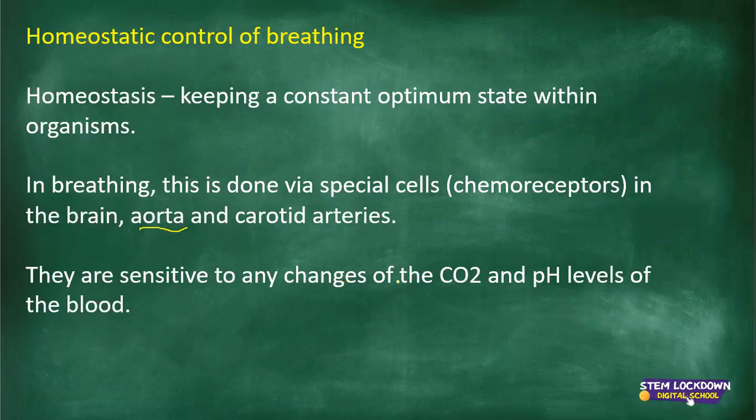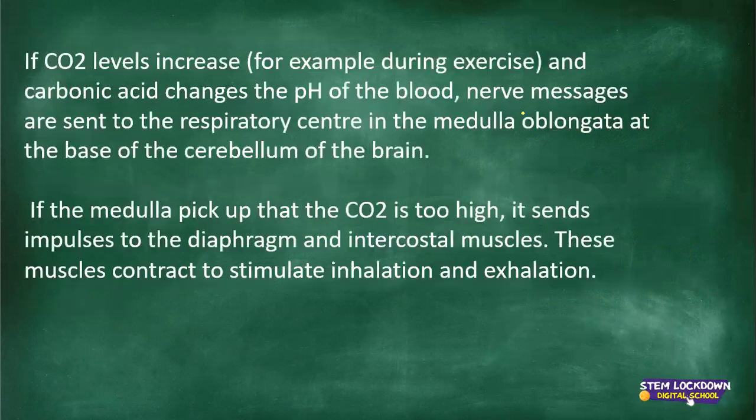These are sensitive to any changes of the carbon dioxide and pH levels of the blood. If there's any change in carbon dioxide, which ultimately changes the pH level, it will pick that up and react accordingly. If there's too low a concentration, it will react. If there's too high a concentration, it will react. The whole point is to keep the body at a constant optimum state.